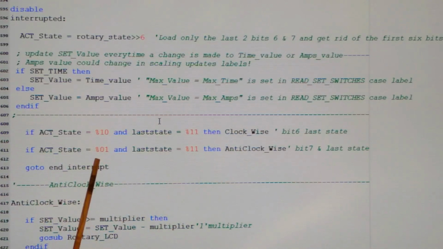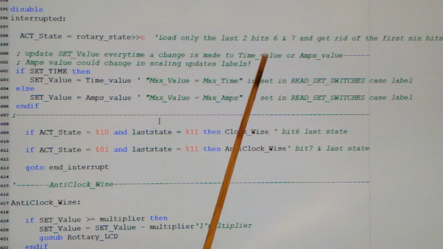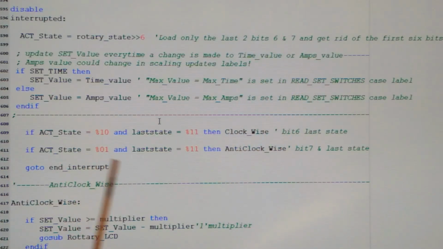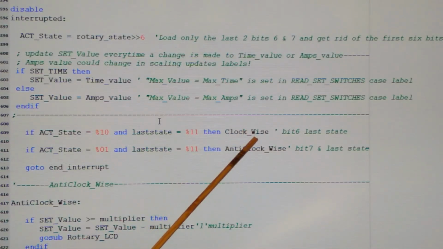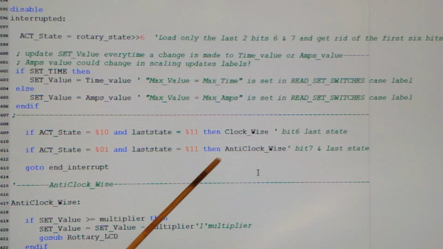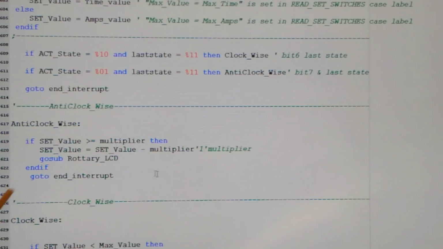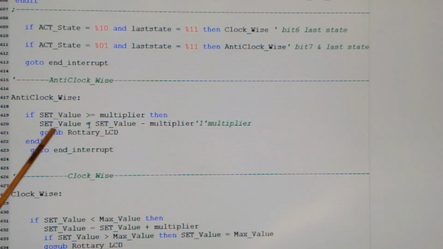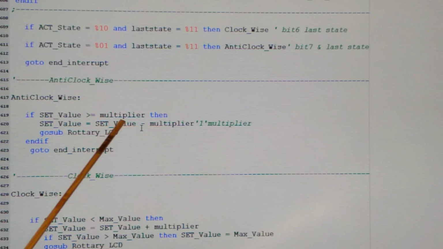If the bits 6 and 7 of the rotary encoder are a 0 and a 1 this time, it means it's going anti-clockwise. So this tells you to go to the label clockwise or anti-clockwise. For the anti-clockwise, I do it if set value is greater than or equal to the multiplier.